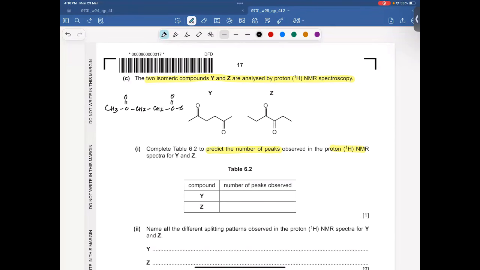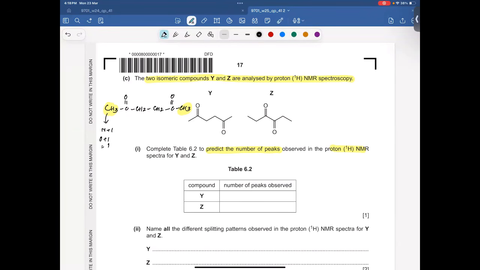CO, and then CH3. Now, see, guys, these six hydrogens have the same chemical environment because they are attached to the same functional group. So when I apply the n+1 rule on this carbon, the neighboring carbon atom has no hydrogen, so it's going to be 0 + 1.